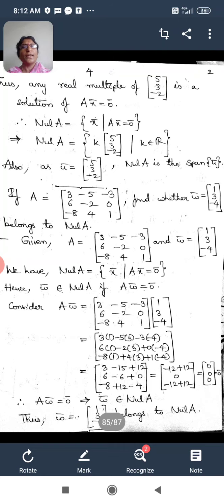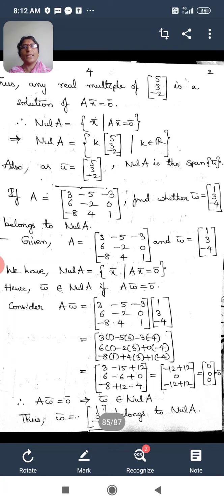All the scalar multiples of (5, 3, -2) form the whole set null A, and the scalar multiples of u bar are nothing but the linear combinations of u bar.